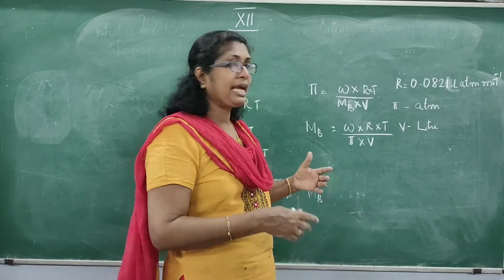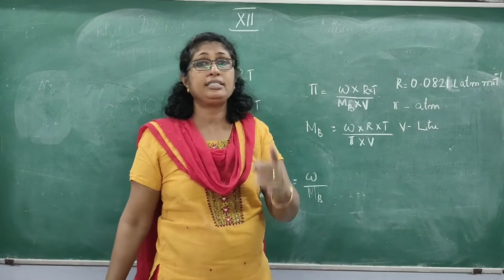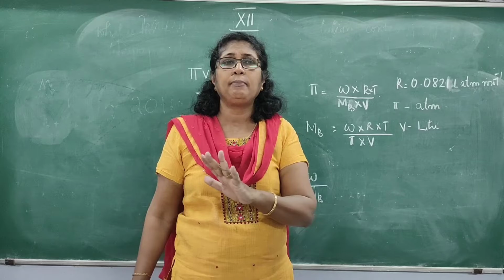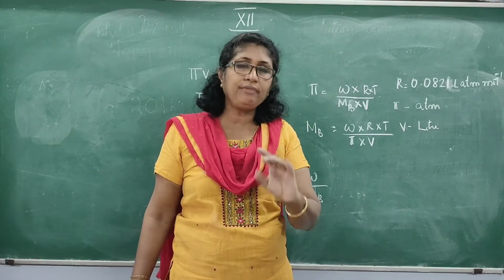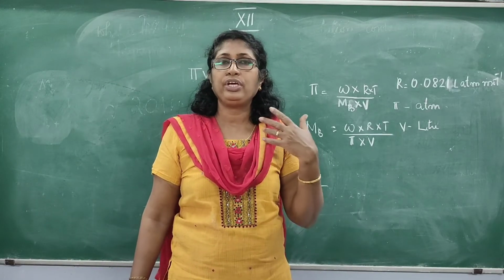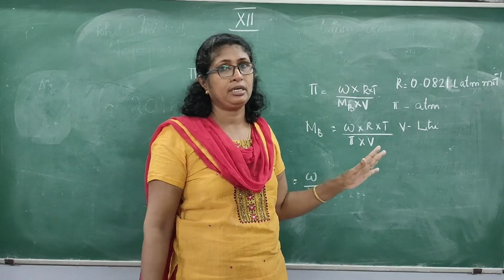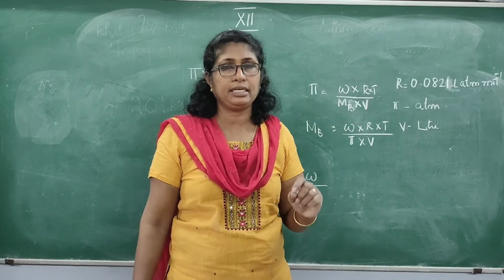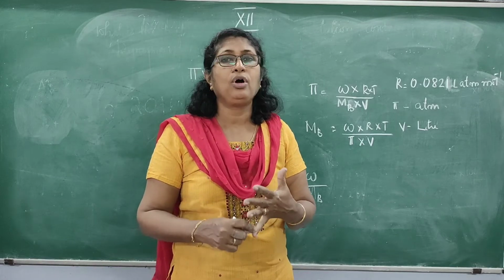But osmotic pressure is measured at room temperature or optimum temperature. Therefore, biological samples are not destroyed. So always for biological samples like proteins, genes etc., we calculate their molecular mass using only osmotic pressure. So the osmotic pressure method is always preferred over the other methods for these reasons. One, it uses molarity instead of molality.